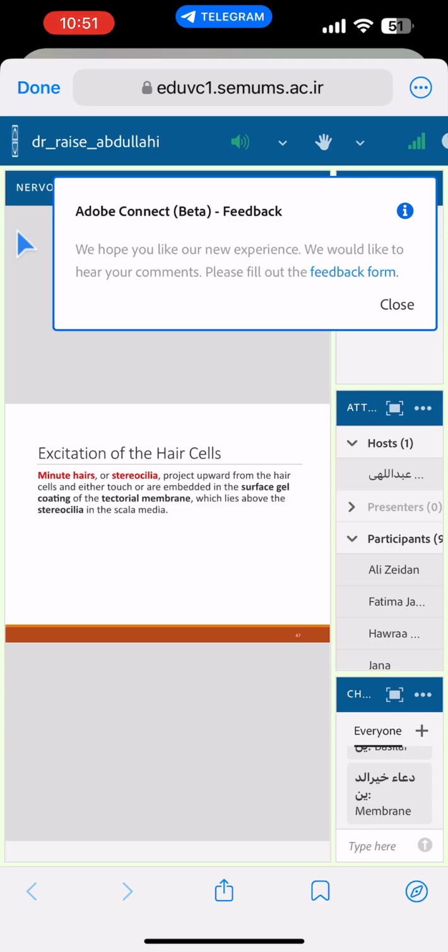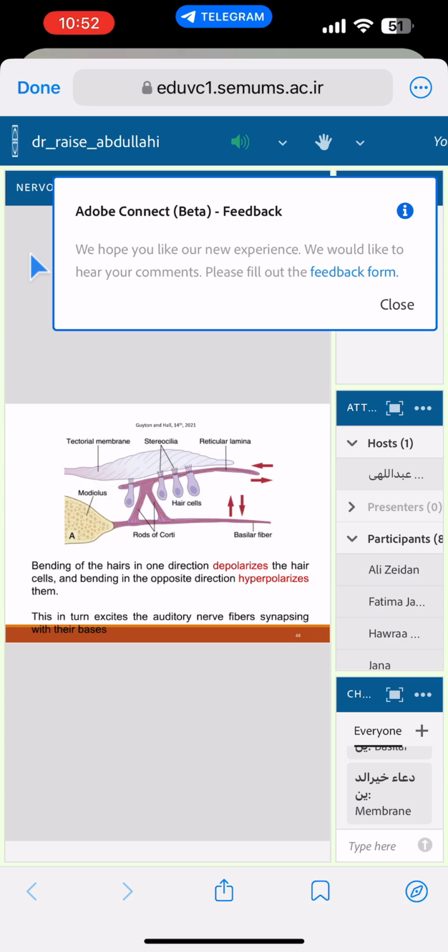Excitation of the hair cells: minute hairs, or stereocilia, project upward from the hair cell and either touch or are embedded in the surface gel coating of the tectorial membrane, which lies above the stereocilia in the scala media.